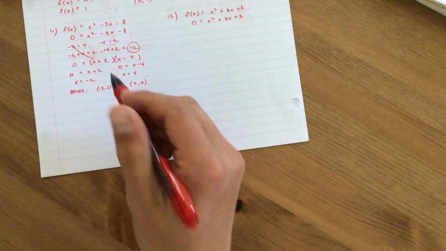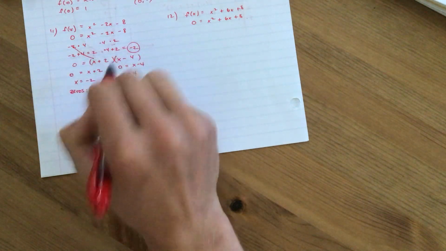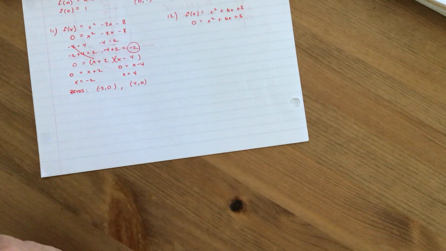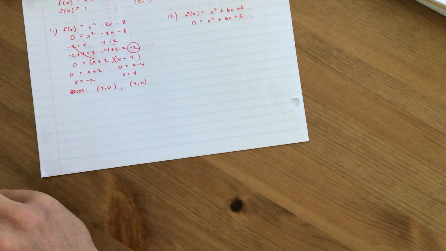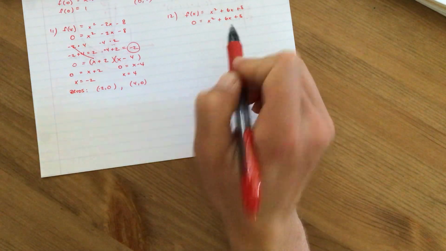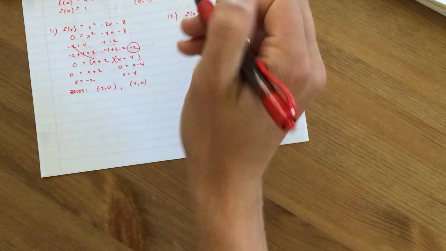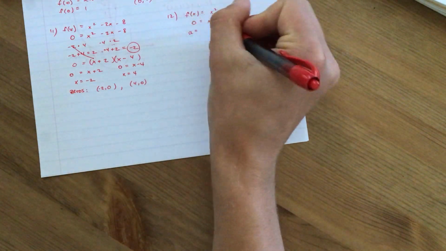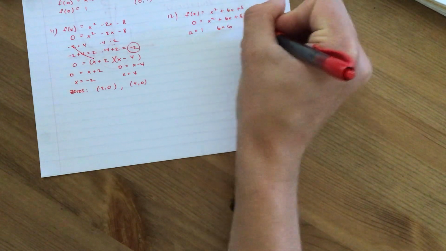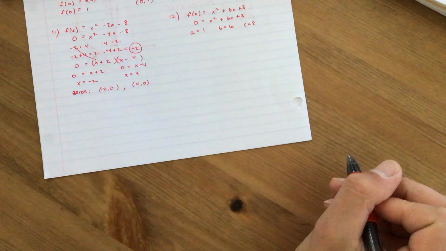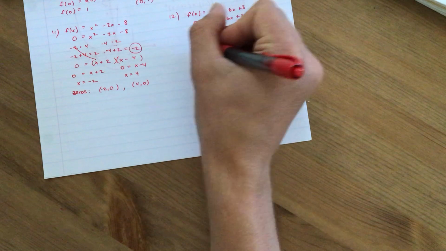Let's say, again, you didn't understand this process. I know that that's a little bit more involved for some of us than what we're comfortable with. So let's just say we only want to solve these by using the quadratic formula. And that's great. That's fine. So a is equal to 1, b is equal to 6, c is equal to 8. And we're going to plug in those values into the quadratic formula.